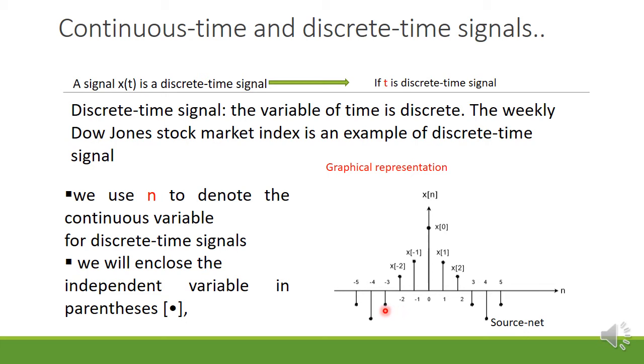You can compare this with the results I explained just now, and here the same thing is given in the graphical representation. Another point to remember: we use n to denote the discrete time signal, and we use square brackets to represent n.